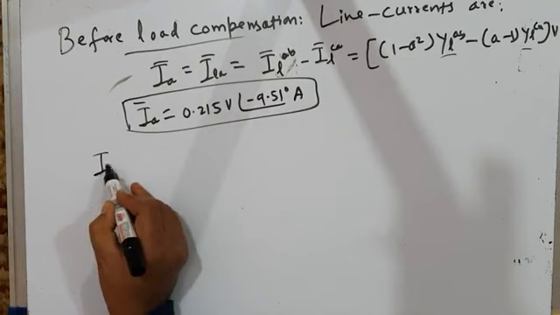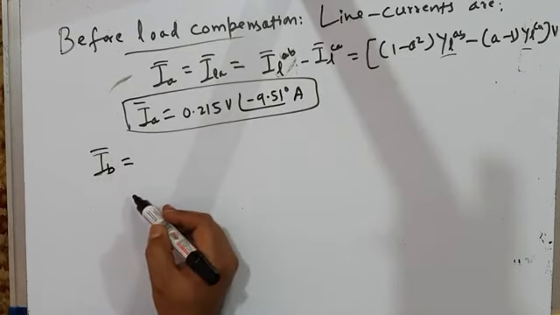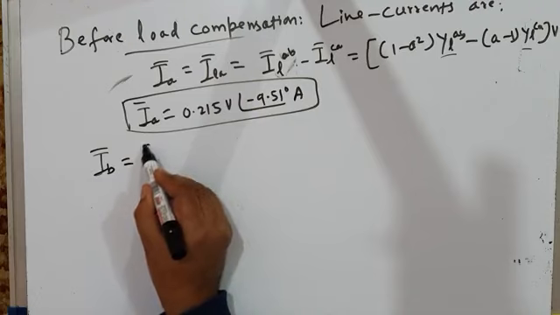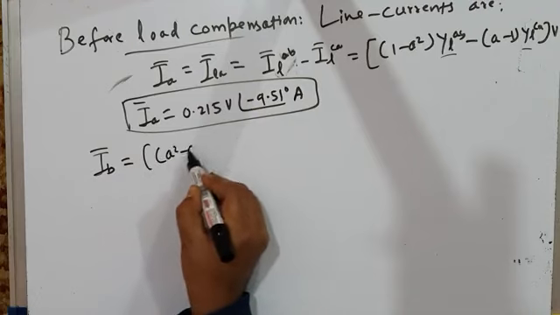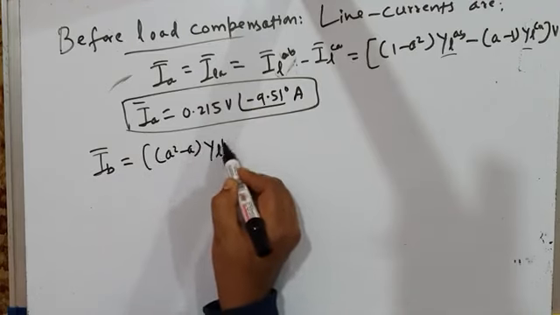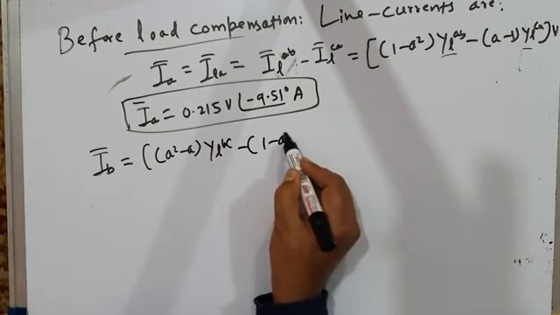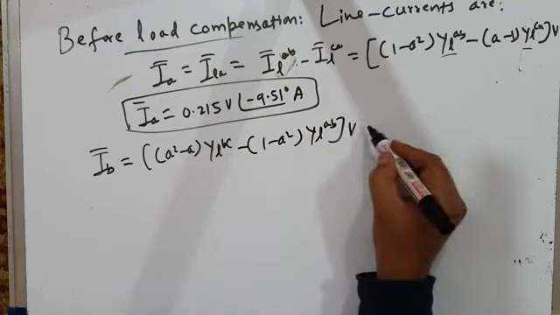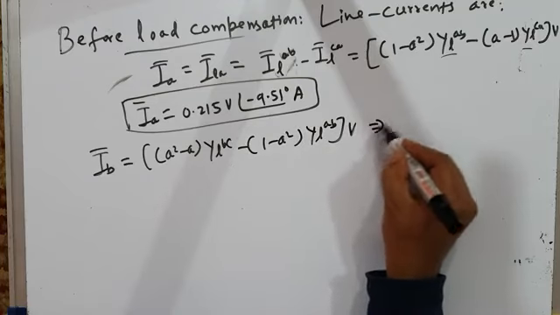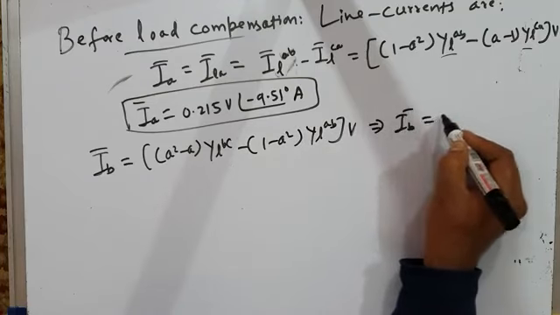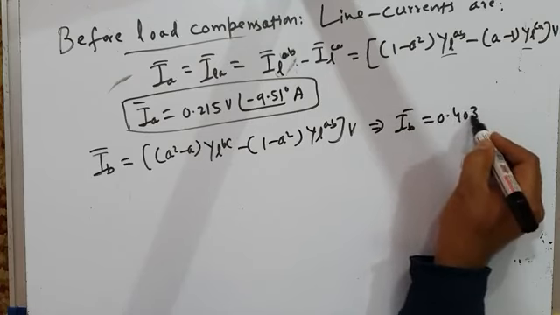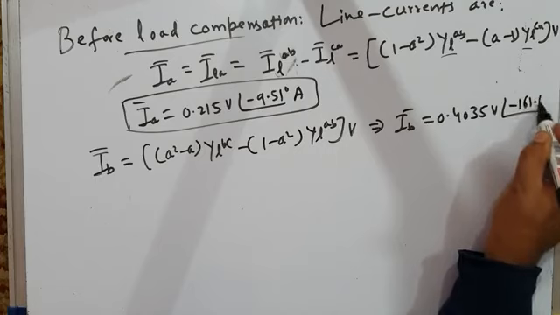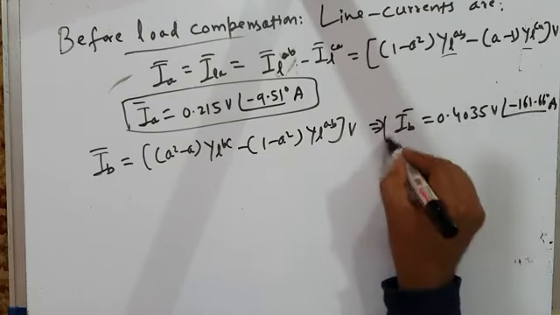Similarly, what is IB? As per the equation that we have got in one of the previous classes, it is equal to (a square minus a) times YLBC minus (1 minus a square) times YLAB into V. Substitute the values, and you will get line current IB equal to 0.4035 V at an angle of minus 161.66 degree amps.